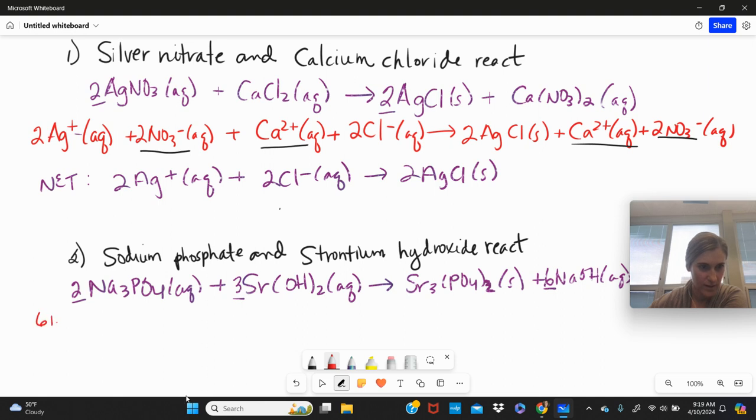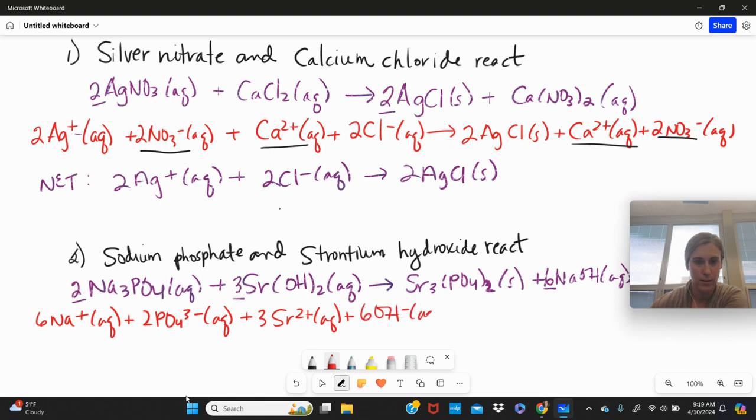So there's 6 sodiums, and there's 2 phosphates, and then there's 3 strontiums, and there's 6 hydroxides. Okay, so I break up the entire left side. Then we are going to leave this alone. We are not going to break that up. And then we're going to break this up because it remained aqueous.